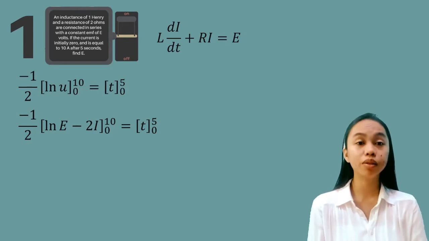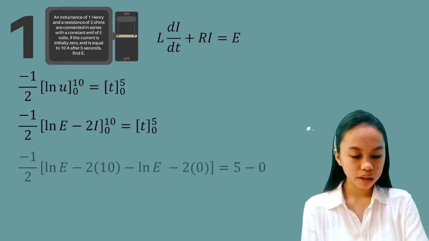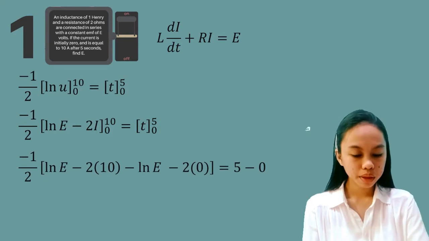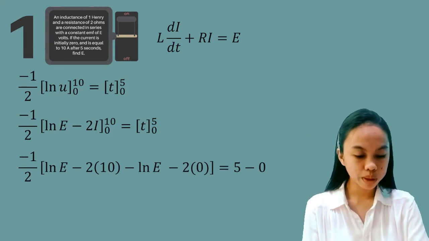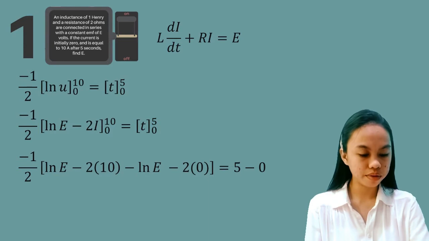So we can now evaluate this one. So evaluating this, we will get negative 1/2 open close bracket ln e minus 2 times 10 minus ln e minus 2 times 0 equals 5 minus 0.